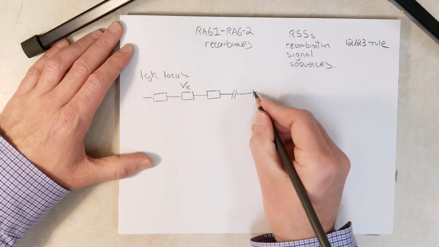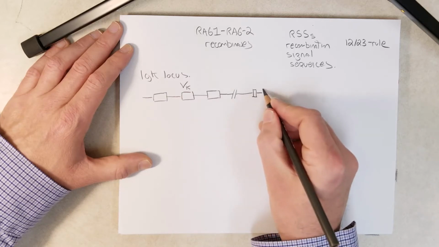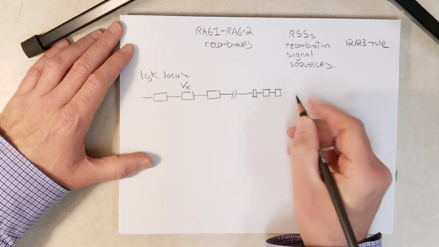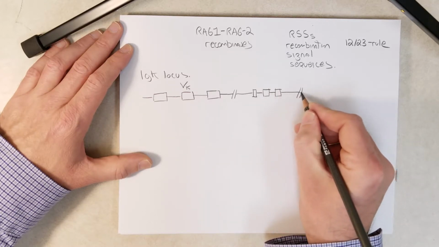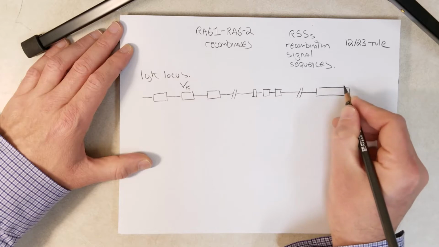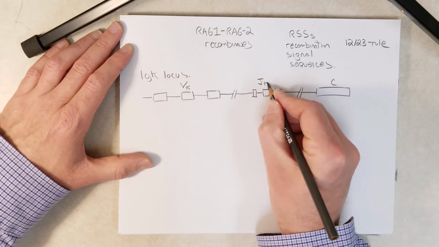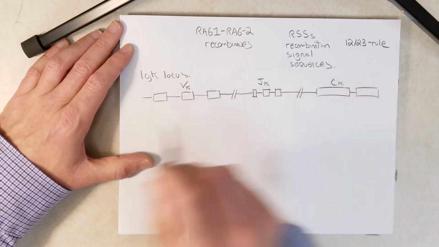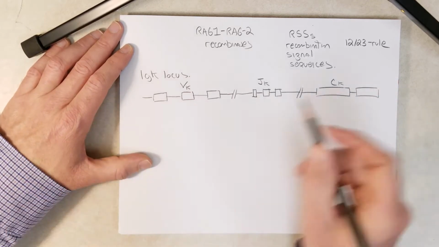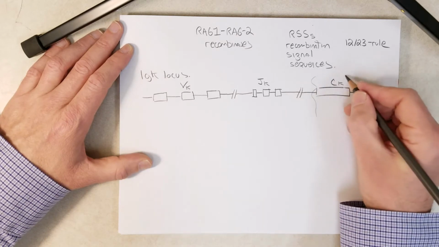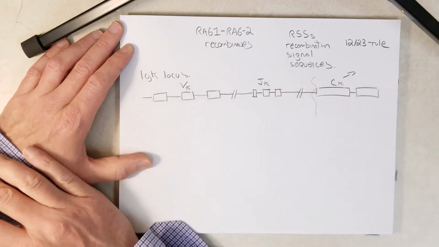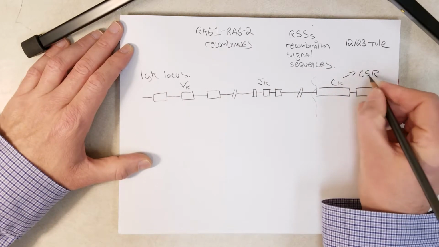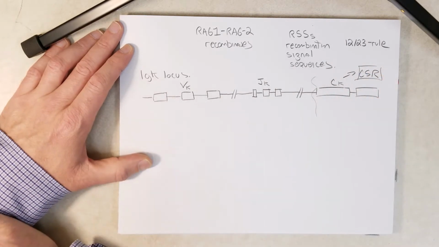But I'm only diagramming 3. Now the J segments down here, I'm also only going to diagram 3. And then we have the constant segment down here. I think of the K locus, there's technically only one constant segment. Now the constant segments, we're going to learn more about in the next lecture. These are involved in class switch recombination, which is different from VDJ recombination.